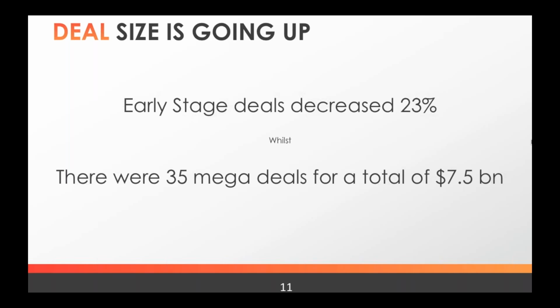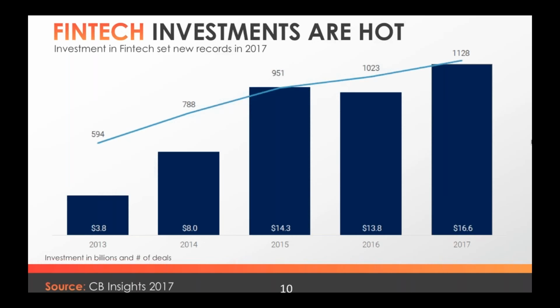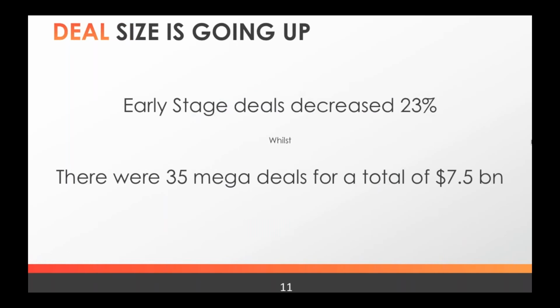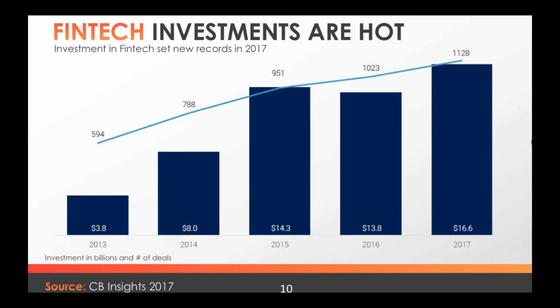And we can see that the top 35 deals total 7.5 billion. So back to the previous slide, if you look at a total of 16.6 billion, we're talking about half of the investment going to big companies. Yeah, so 35 deals out of 1,128 went to just a few companies, just to get them to a very high level of growth.